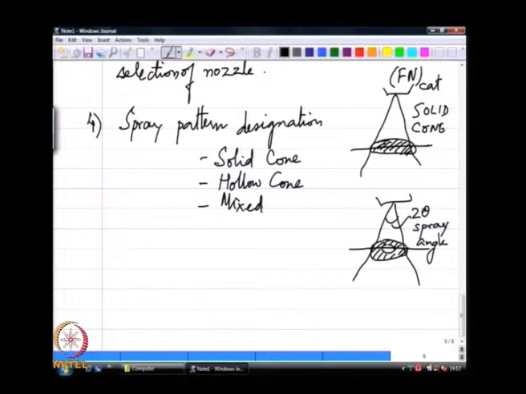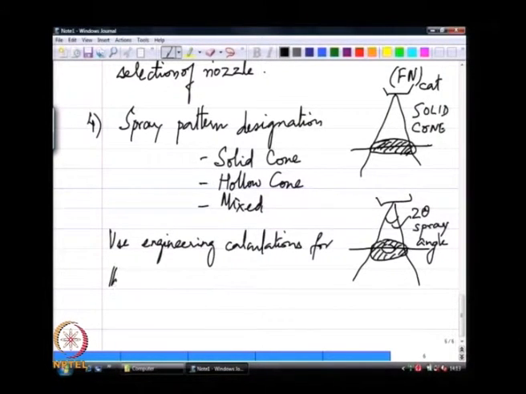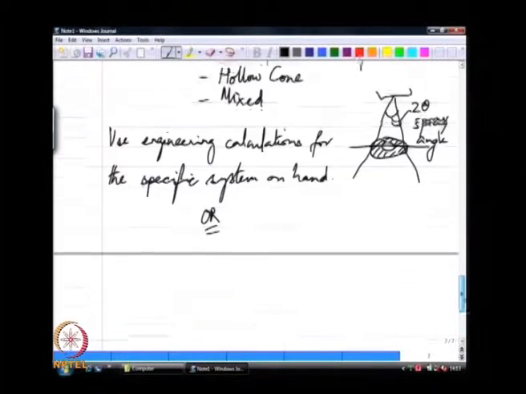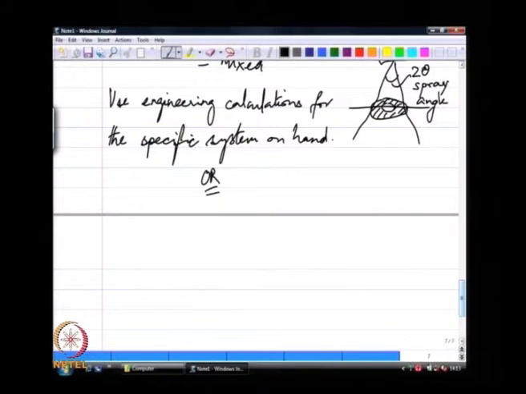So, the way to select the pattern is, one, use engineering calculations for the specific system on hand, or what is the second option?